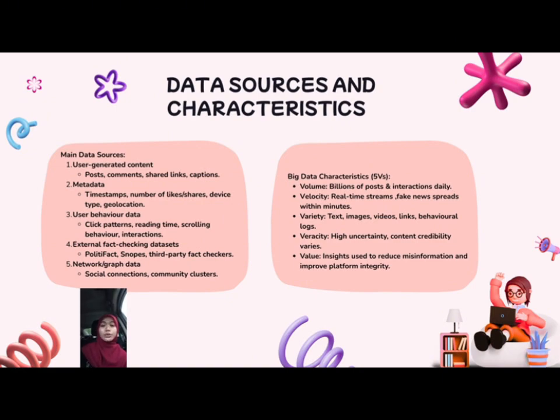Third, Facebook uses user behavior data, like clicking patterns, reading time, and what type of content each user usually engages with. This helps identify which users or groups are more likely to share misinformation. Fourth, Facebook uses external fact-checking data from organizations such as PolitiFact and Snopes.